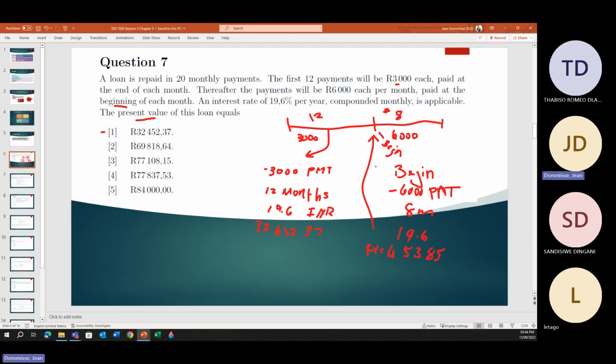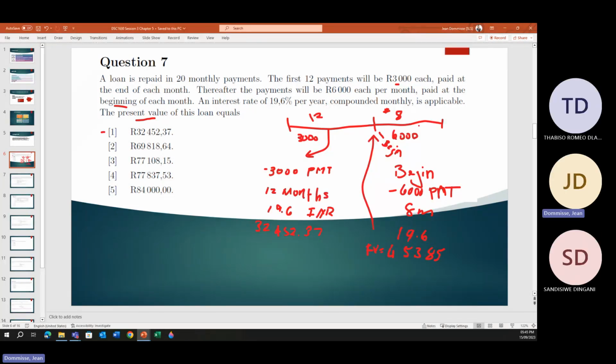Okay, so with all of that information that we put in now for the second calculation, remember the future value. What we did now is to calculate it up until that 8 months before. So now we still need to work it back to the future value at the beginning of a period.